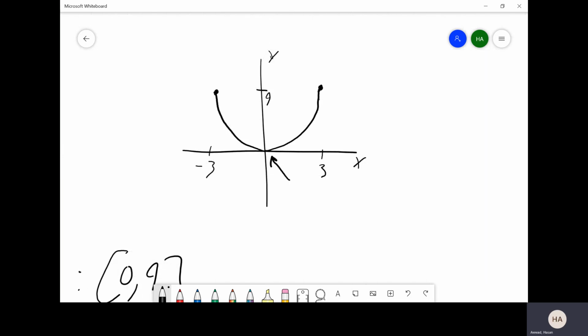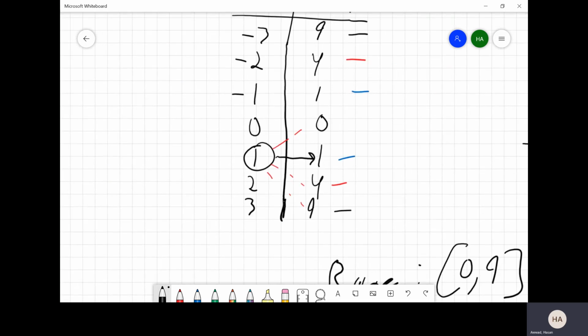So if you're writing the range for the graph, you know that you're starting at 0 here, and it goes upwards up until we hit 9, right? And once we hit 9, we stop at 9 and we're done. So that's the highest point that it ever achieves. So it goes from 0 to 9, and that would be your range once again. Okay, so that's how you would read it on a graph. This is how you would read it from a table.